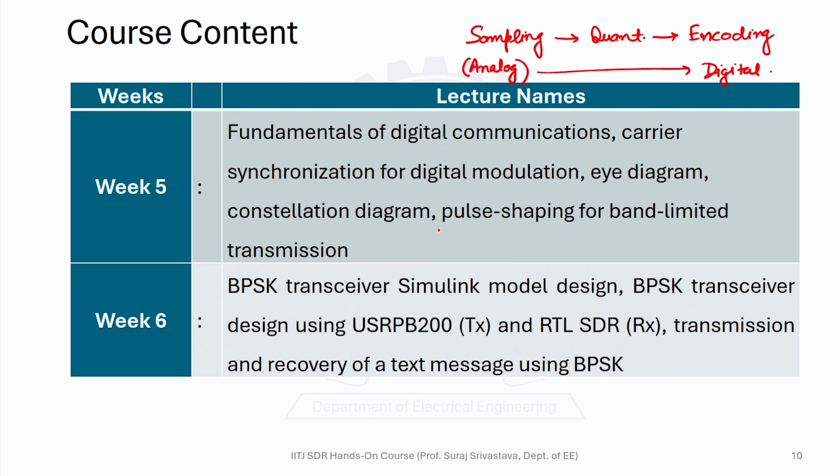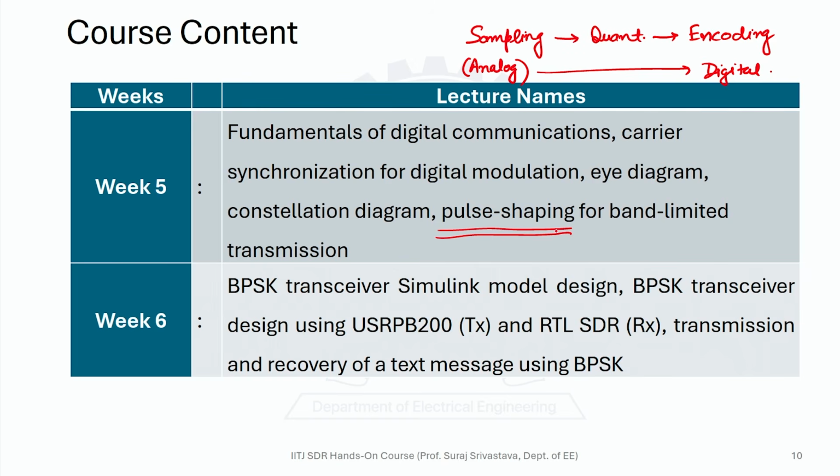This topic is called pulse shaping. We'll also understand this, because all these things are required in designing practical digital communication systems. In general, digital communication systems use a large bandwidth, but if you want to limit the bandwidth and at the same time minimize the inter-symbol interference, we have to use suitable pulse shapes. So we'll go through the basics of these things.